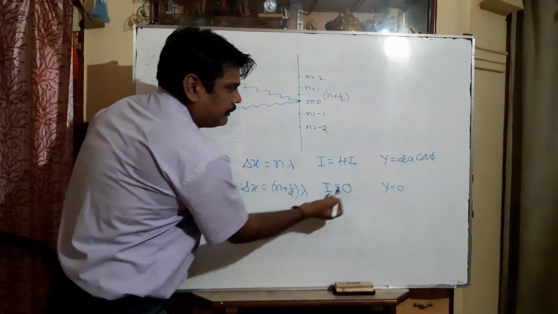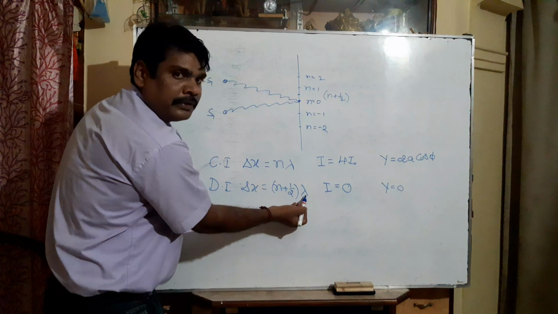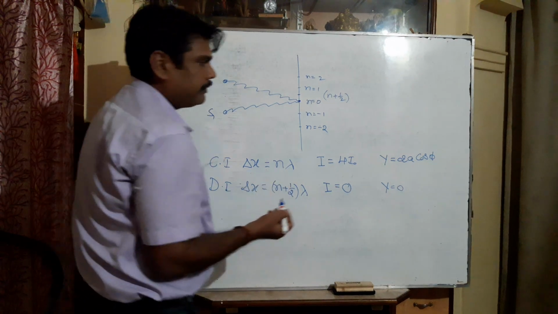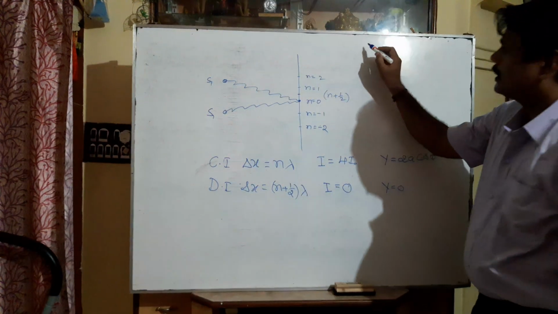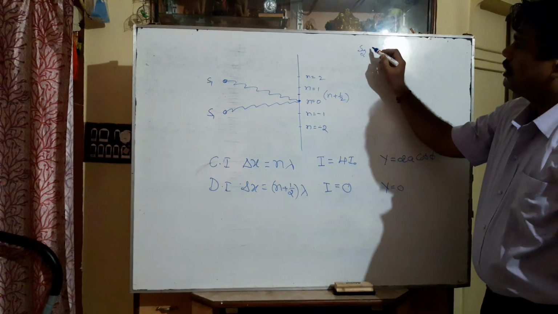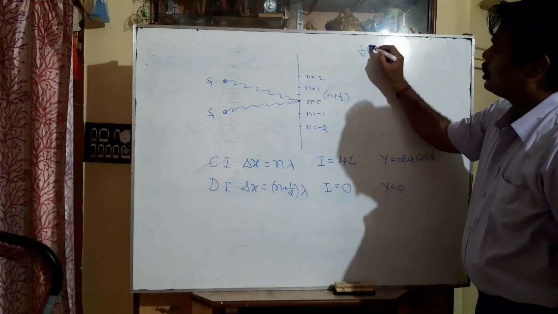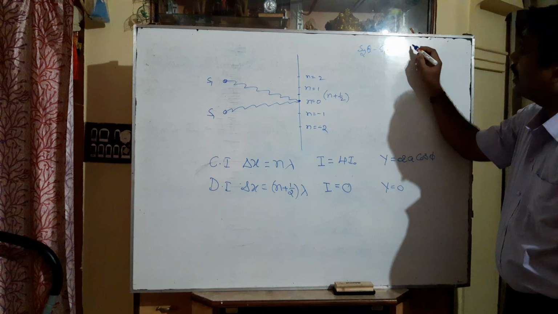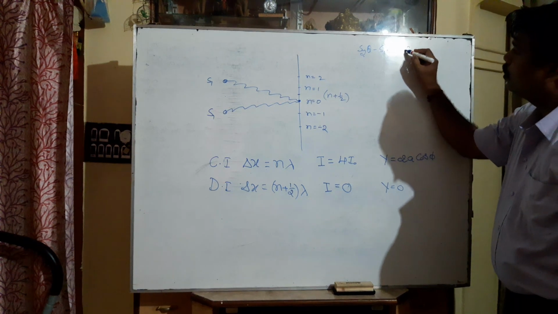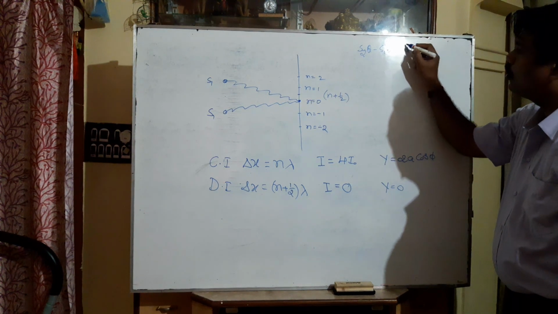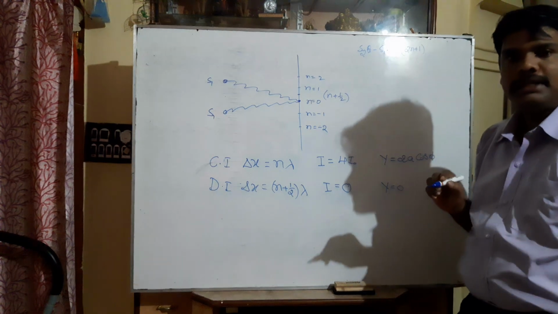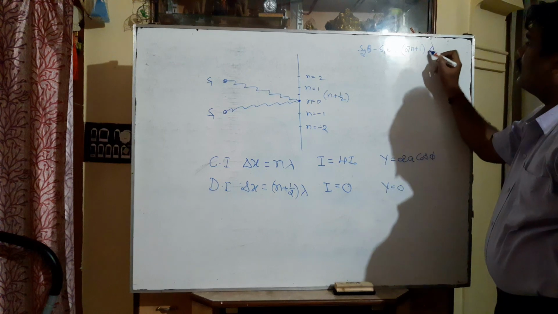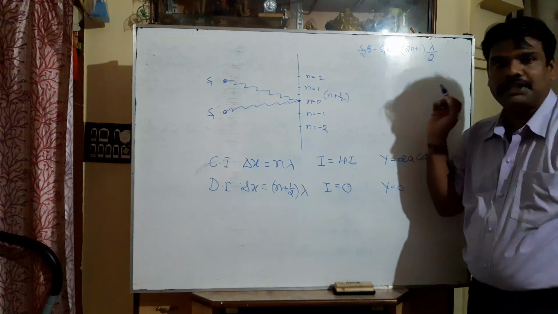For all values of n plus half lambda, do you know why we are getting n plus half? The path difference S2P or S2Q minus S1Q is equal to, for all values, we take 2n plus 1. You know what 2n plus 1 is? 2n plus 1 is an odd multiple of lambda by 2 for destructive interference.